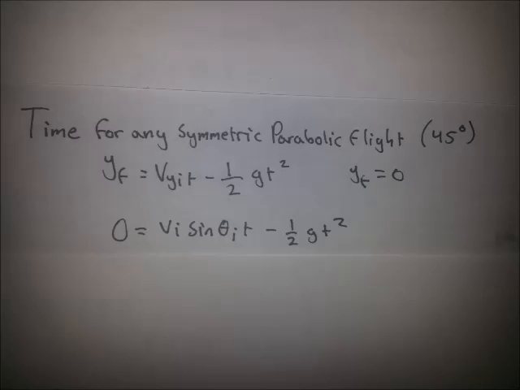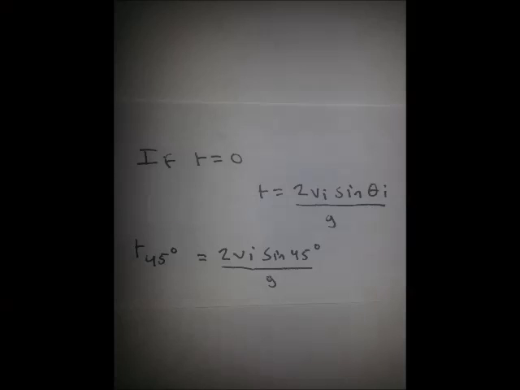And since v yi is just the vertical component of the velocity, you can rewrite that as v initial sine theta times t minus 1/2 g t squared. So if t equals 0 is the time when the ball is thrown, then solving for t, you get t equals 2 v initial sine theta over g is the time at which the ball lands.